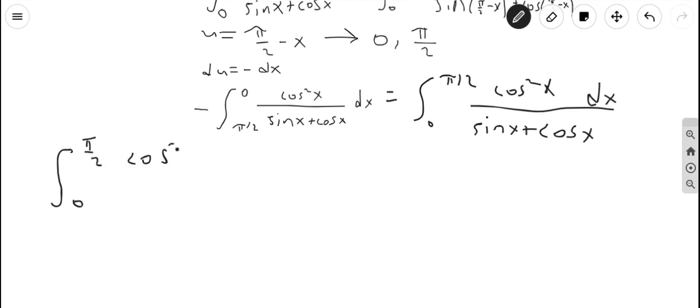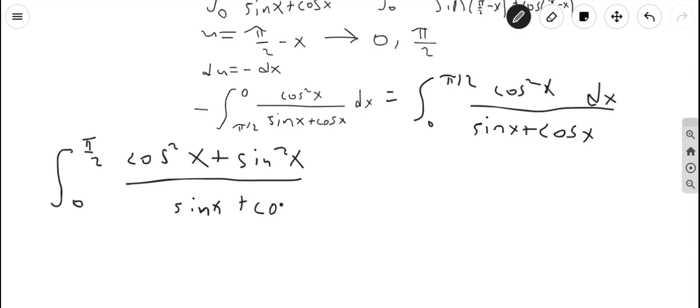So we're going to have cosine squared of x plus sine squared of x, and then our denominator would be just the sine of x plus cosine of x. So all we did was add the same integral to itself, and then we ended up with this. Now cosine squared of x plus sine squared of x is 1, so we don't have to deal with any trig expressions in the numerator.